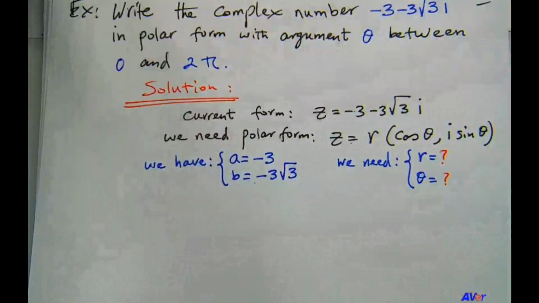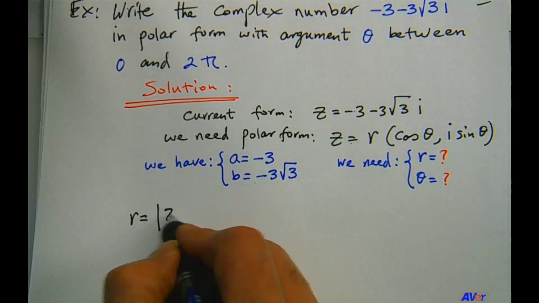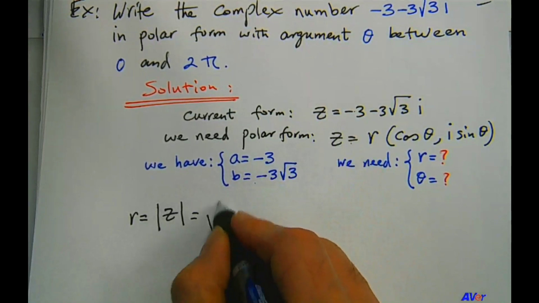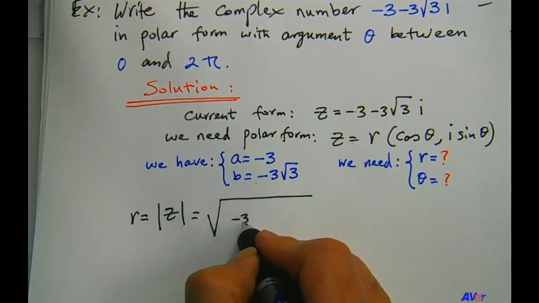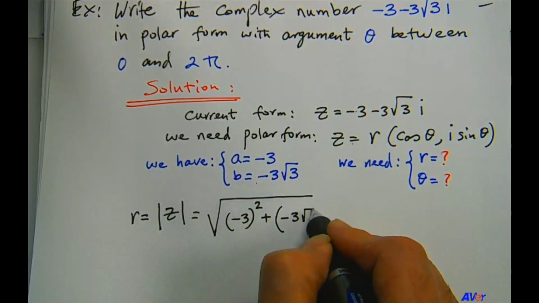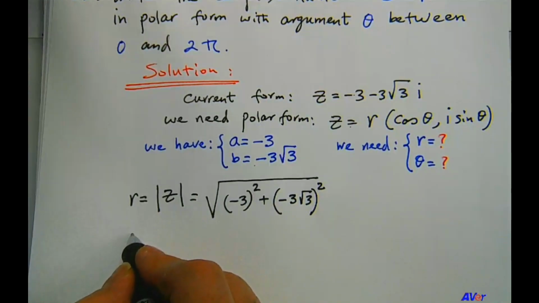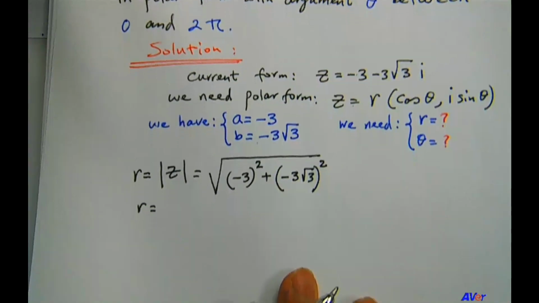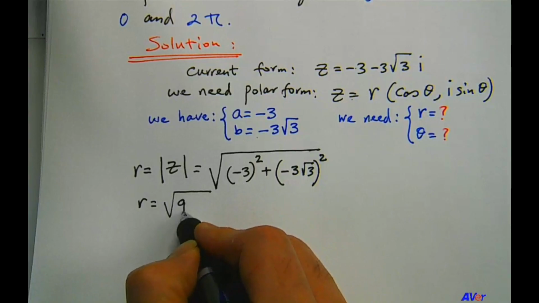So in our case, r is equal to the absolute value of z equals the square root of minus 3 squared, plus minus 3 square root of 3 squared.